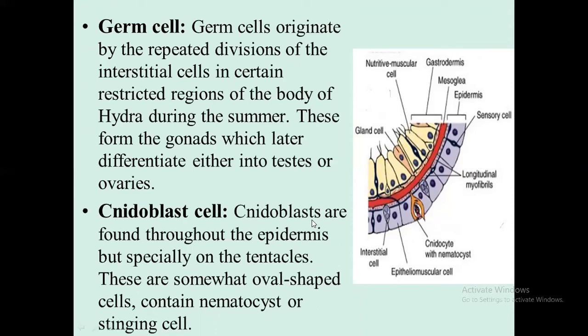Nidoblast cell. Nidoblast cells are found throughout the epidermis, but especially on the tentacles. So the number of nidoblast cells is greater in tentacles, and a group of nidoblast cells found in tentacles is called a battery of nidoblasts.